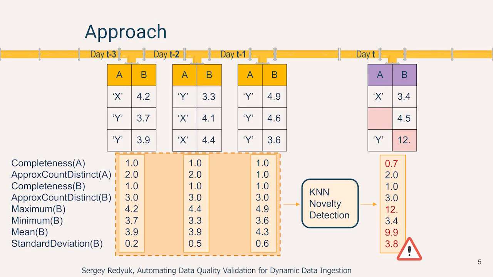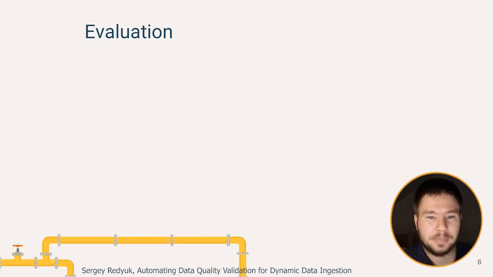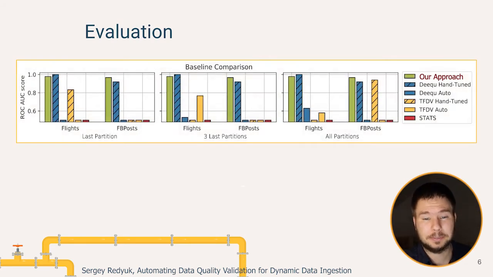We evaluate our approach against 3 baselines: TensorFlow data validation, the DQ library, and statistical testing. For the first 2 solutions, we consider both the automated and the hand-tuned variants. On 2 real-world datasets, our approach outperforms automated tools, which turned out to be rather conservative in their predictions and treated any change in data characteristics as a signal of data quality issues.